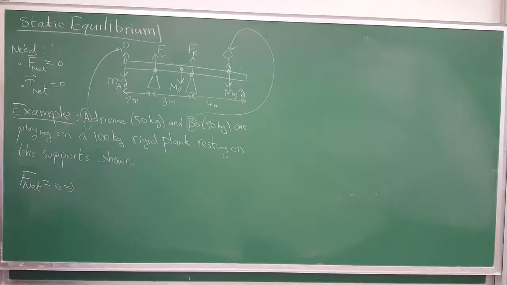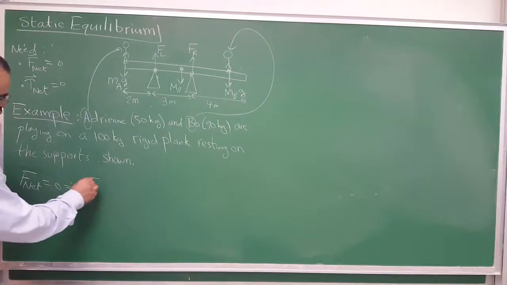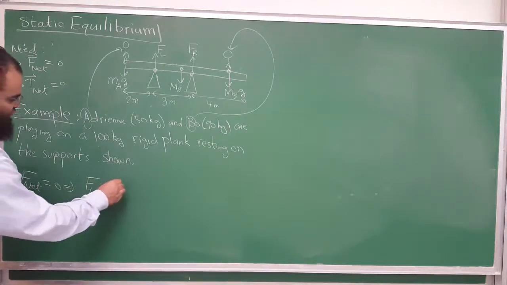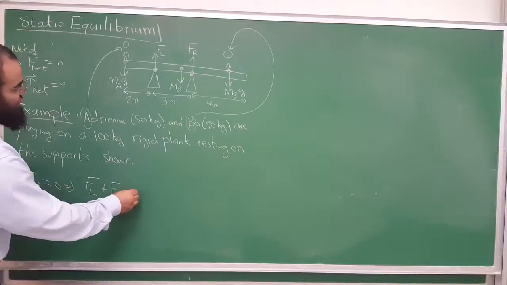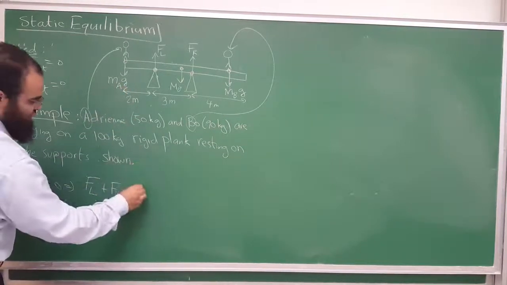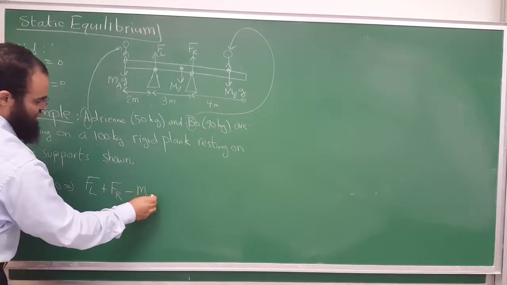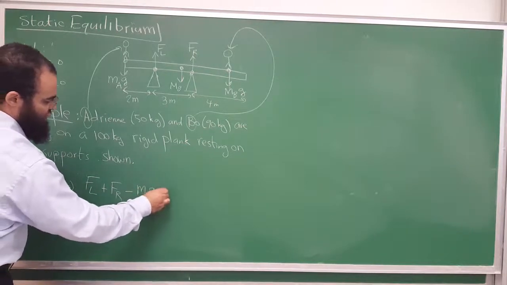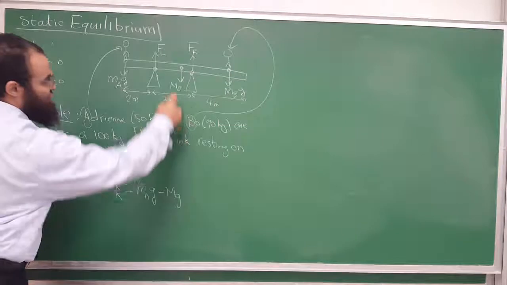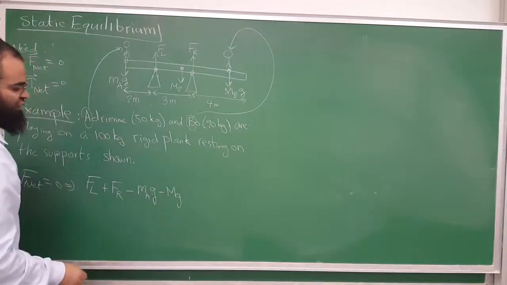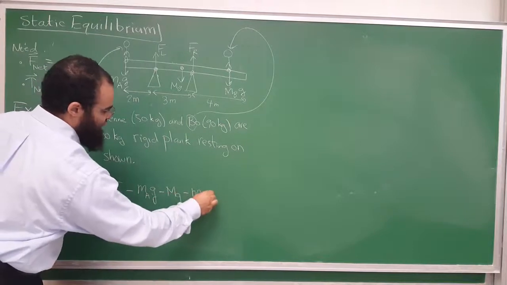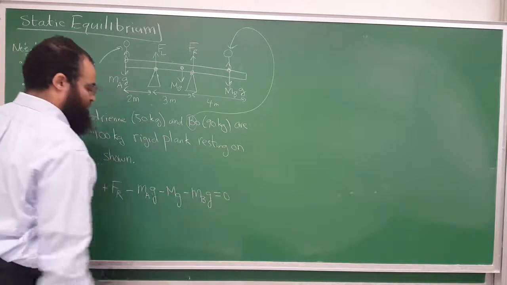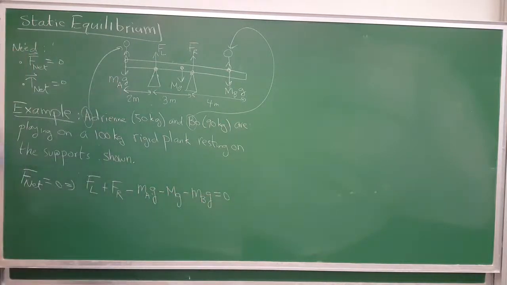We don't even have the x direction. So we need the force from the left support plus the force from the right support, both are upward, minus M_A G, minus capital M G, the plank, and then minus M_B times G. They have to equal 0. That's the first one.